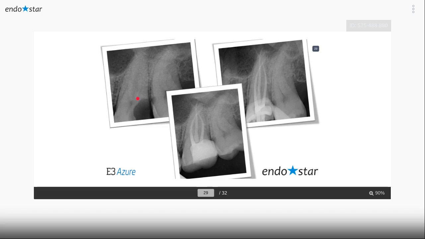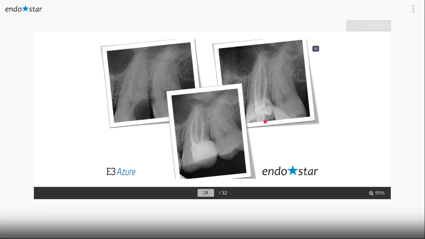As you can see, here is the exposure. Nearly no canals, or the canals are like hair. You see, it's very slim. In this case, I didn't take the risk and start with taper 6, especially as the working length was nearly above 23, 24 millimeters. So I started with 35 taper 4.